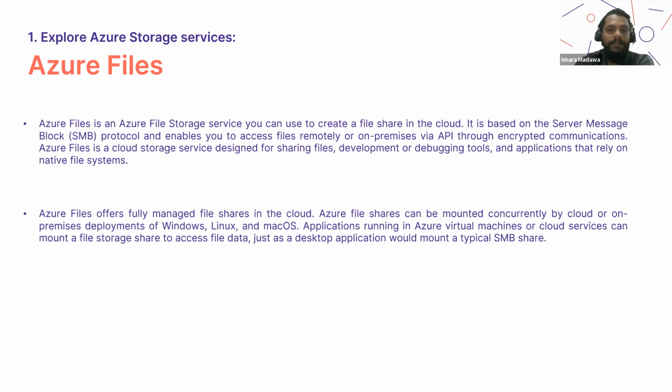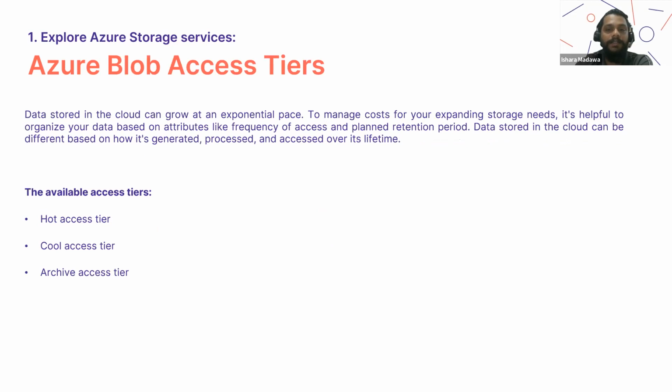Next, we have Azure Blob access tiers. Data stored in the cloud can grow at an exponential rate. In these kinds of scenarios, we need to manage cost for expanding storage needs, and it's helpful to organize your data based on attributes like frequency of access and planned retention period.